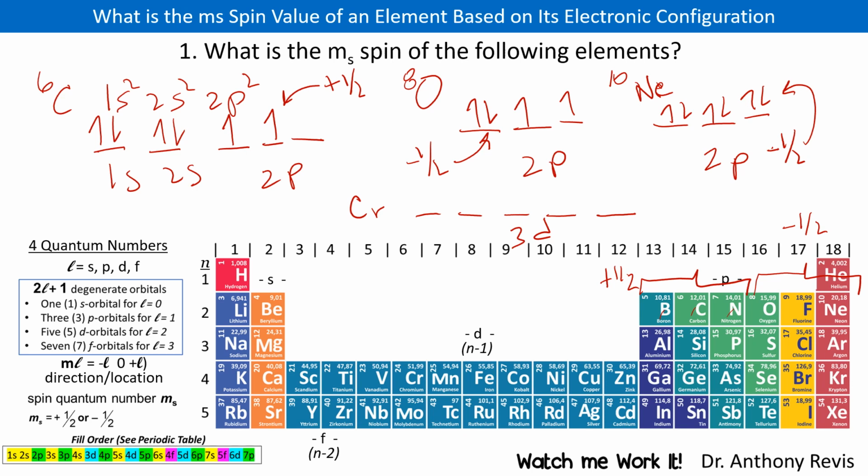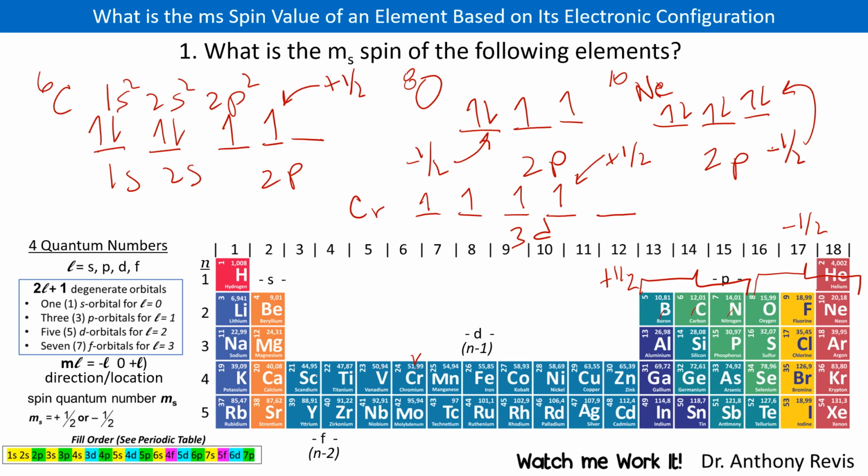And chromium is going to have here 1, 2, 3, 4 electrons. So 1, 2, we must distribute, 3, 4. So its spin is going to be a plus 1/2 here. Okay?